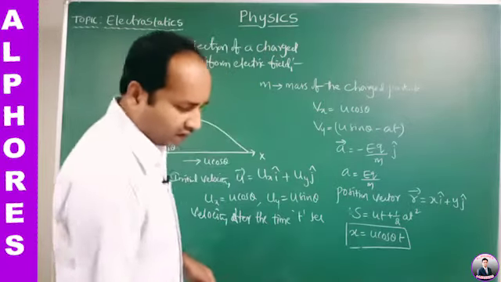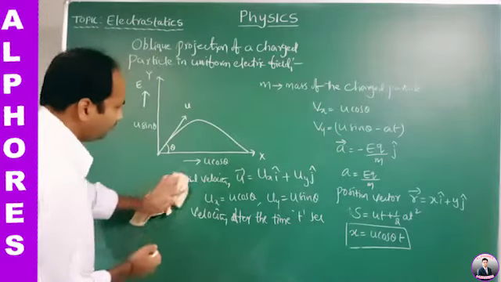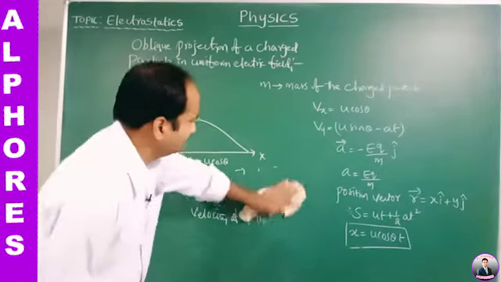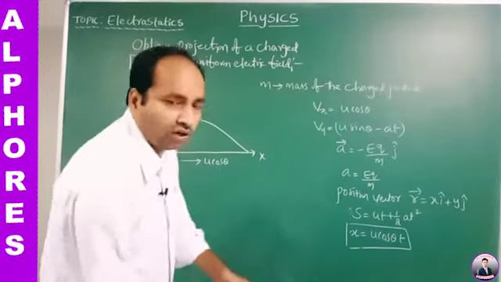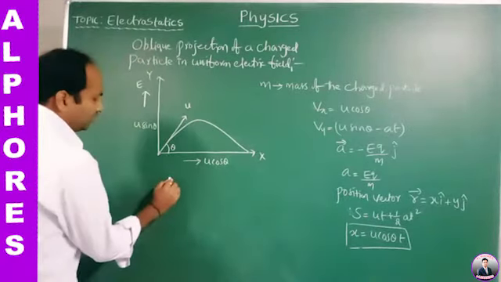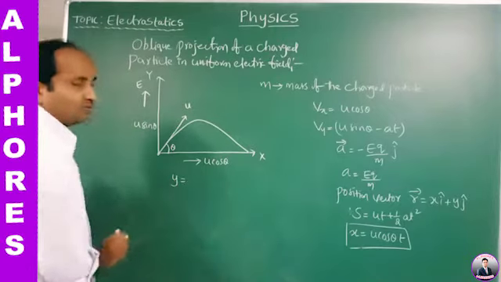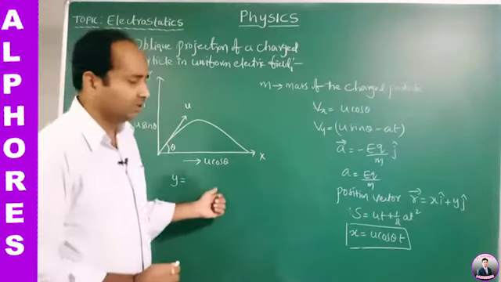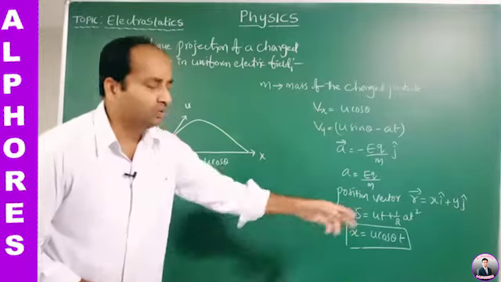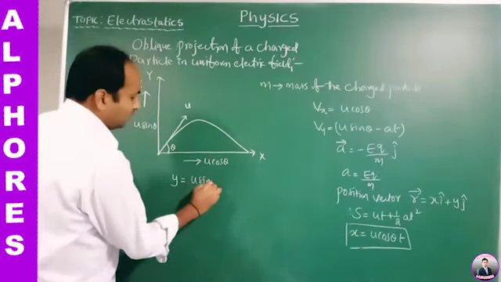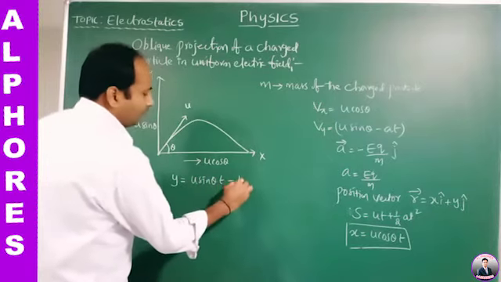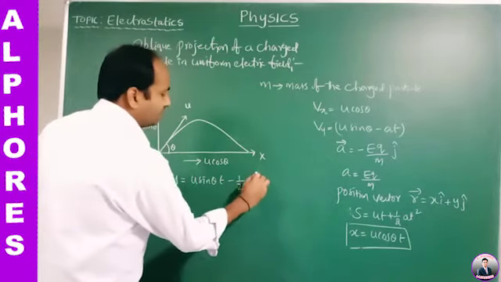Okay. Now vertical displacement. What is it again? Y is equal to, from the same equation of motion, S is equal to ut plus half at square. Y is equal to u sin theta into t minus half at square.